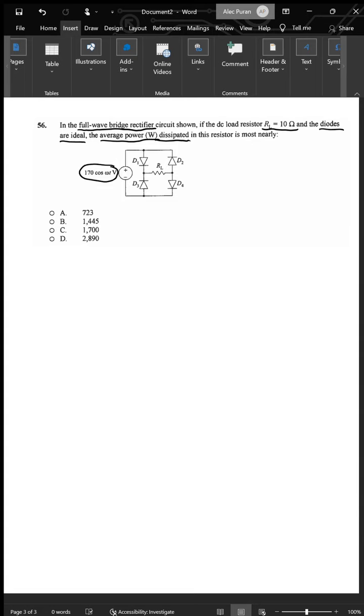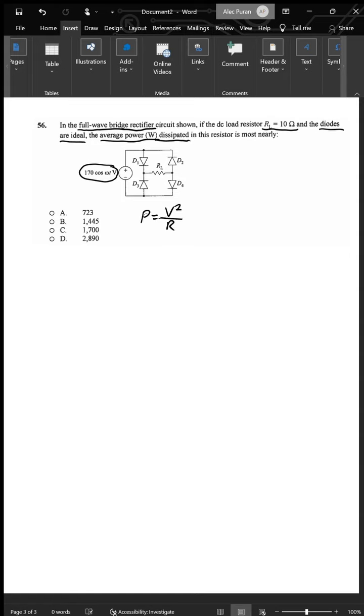So our voltage is 170 cosine omega t volts, and our load resistance is 10. So a formula that we know that relates voltage, resistance, and power is V squared over R.